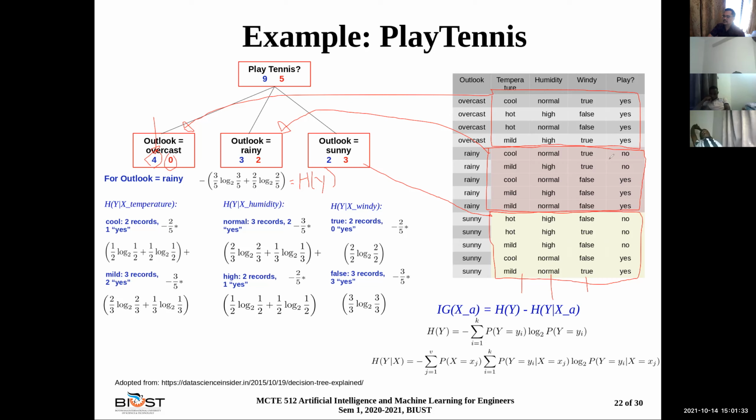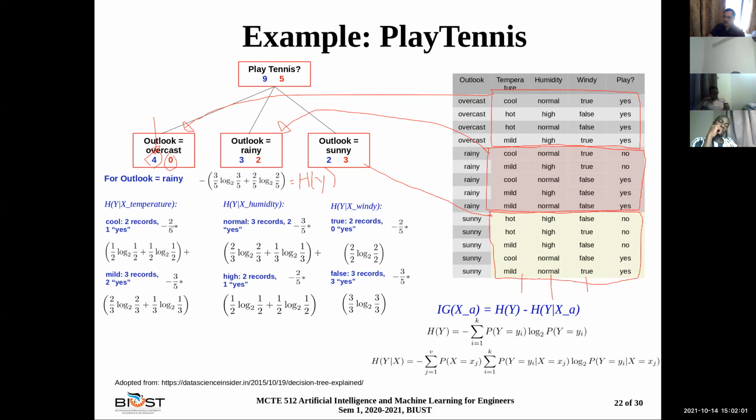Now in this case, you only have cool and mild. In the cool, how many yeses do you have? 1 yes and 1 no. So 2/5, which is the no, and 3/5, which is the yes.